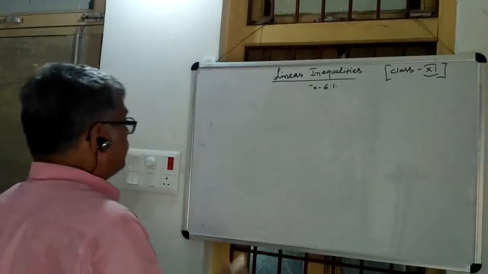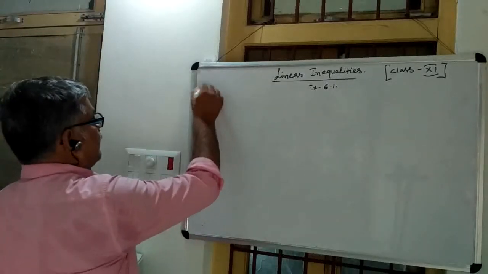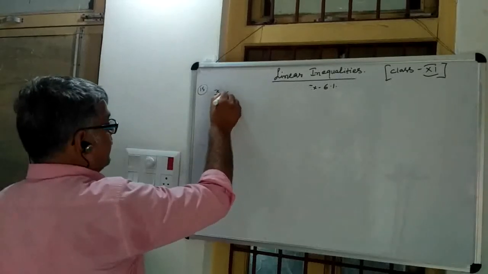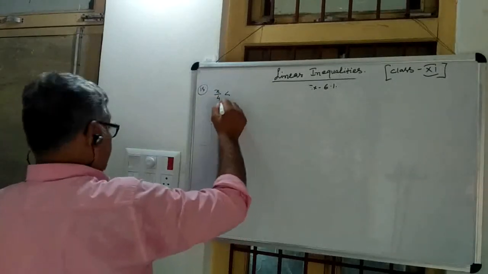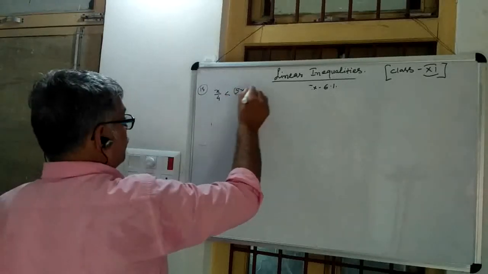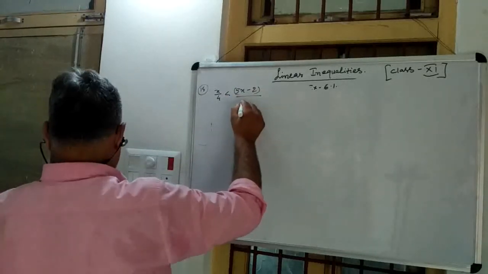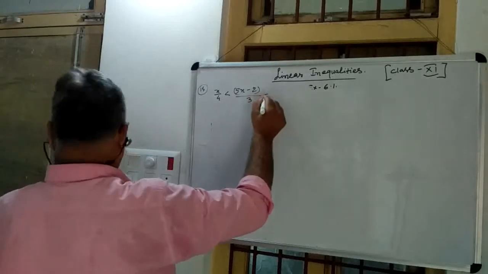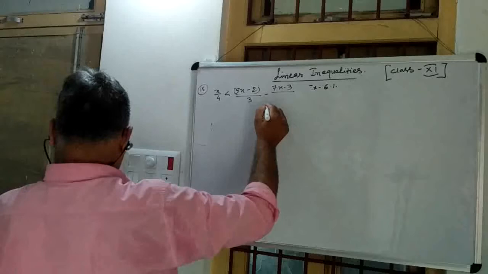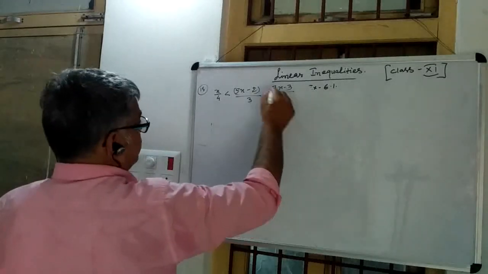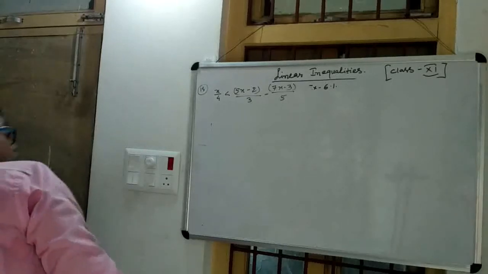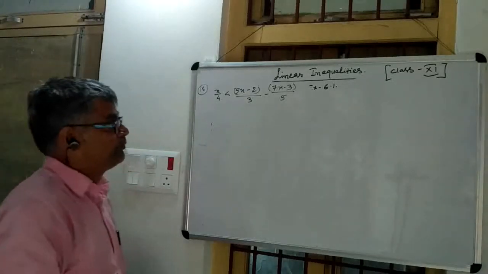See the solution of question number 15. 15 is: x by 4 is smaller than 5x minus 2 by 3 minus 7x minus 3 by 5. This is the inequality of which we have to find the solution.